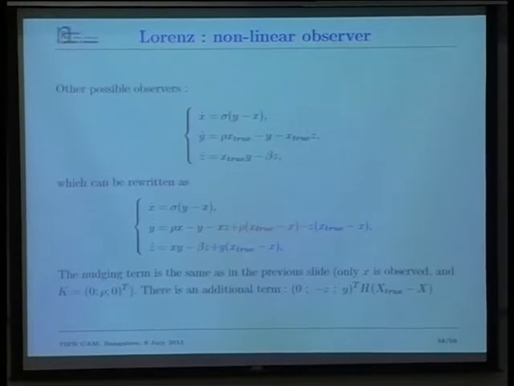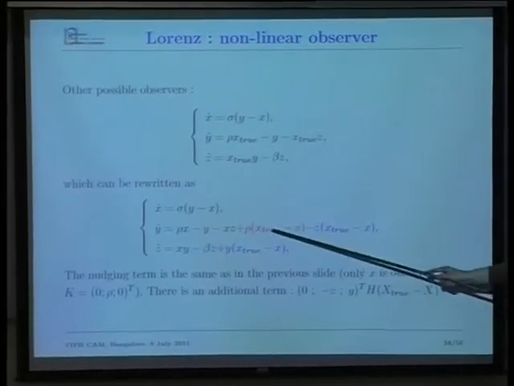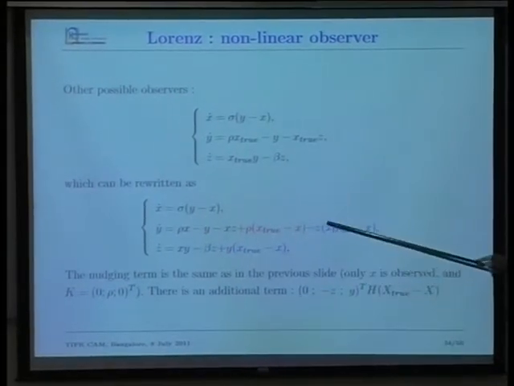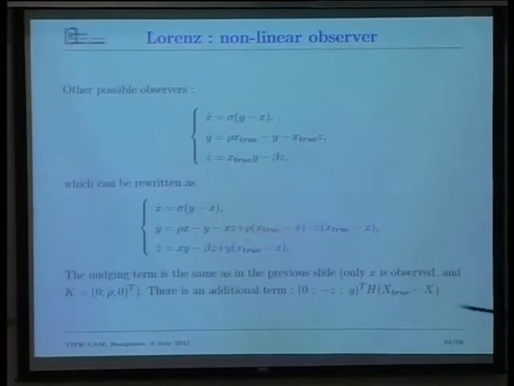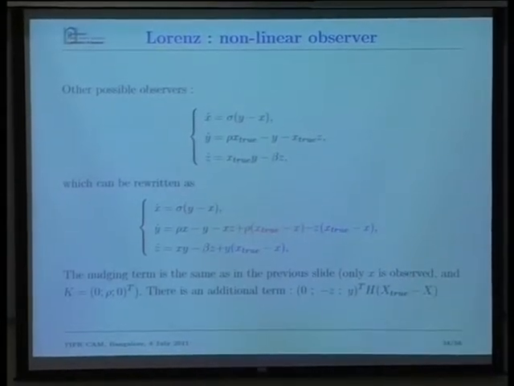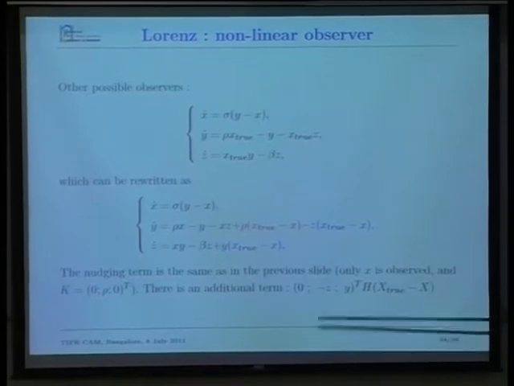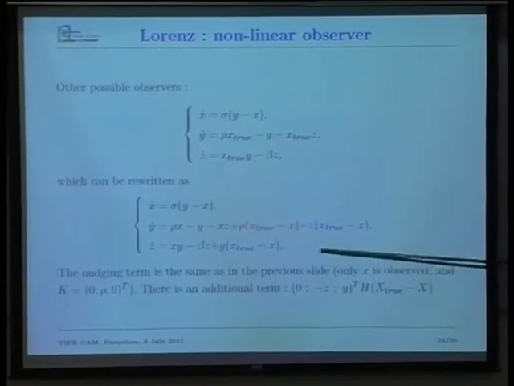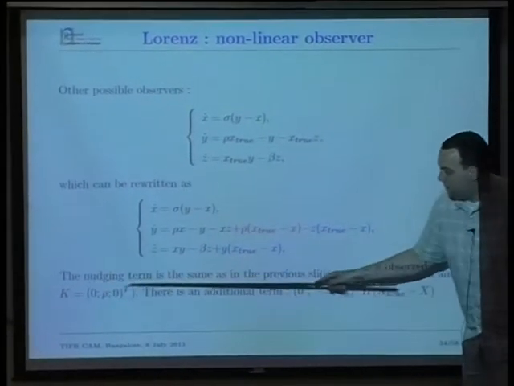It's not a constant times X true minus X. Now K depends on Y and Z. So it's a K of t. It depends on the time, and it depends on the solution that you are considering. Okay? So we use this K.